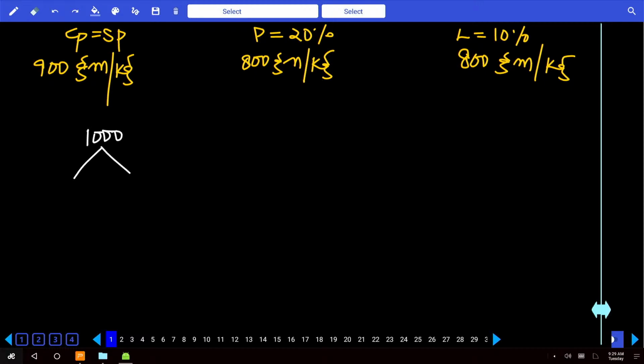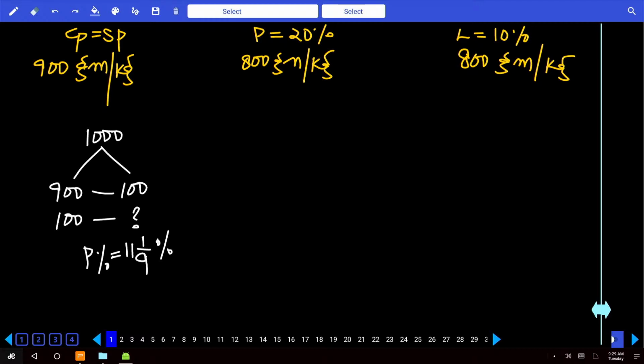How many grams are you giving to the customer? If you give 900 grams, what is your profit? 100. Profit percent, per 100, it is 100 divided by 900, that is 100 by 9, 11 1 by 9 percentage. This is the profit percent.